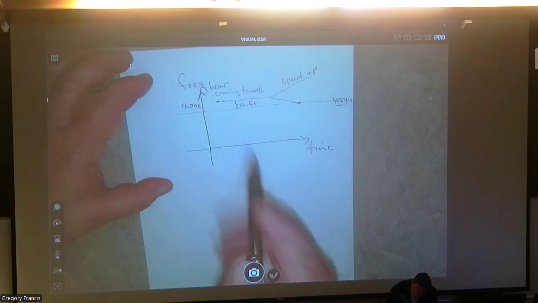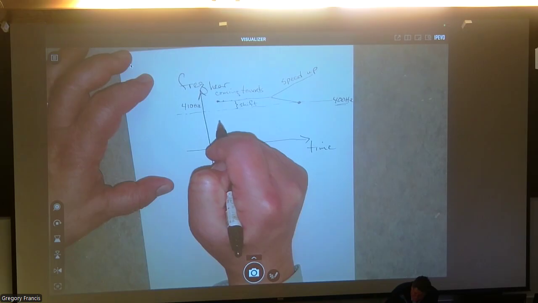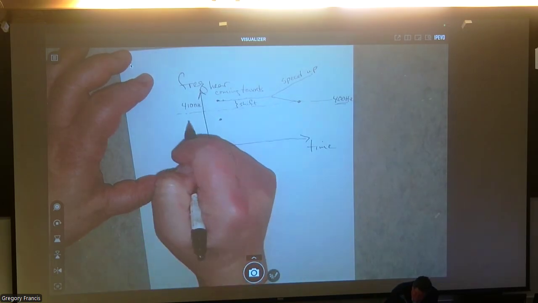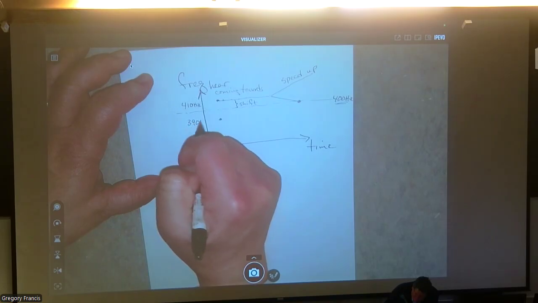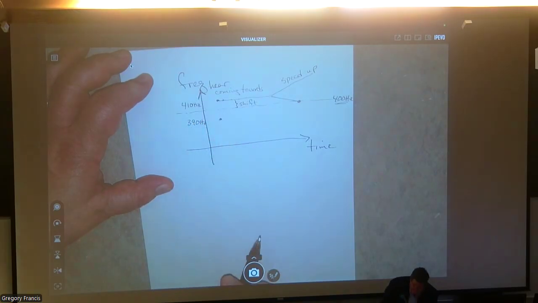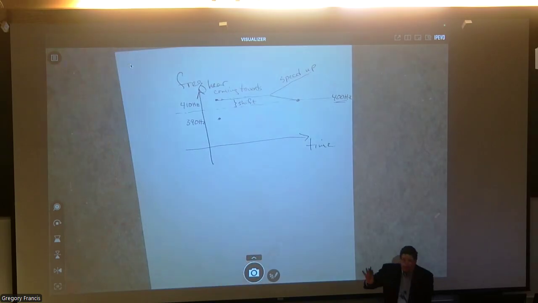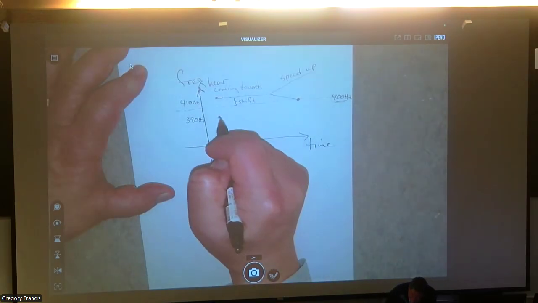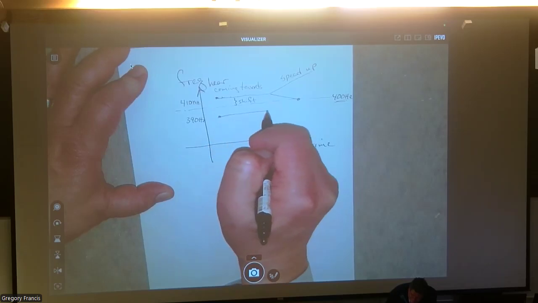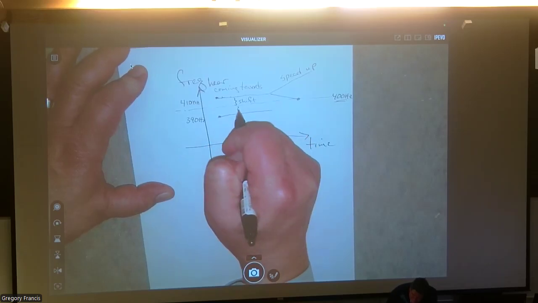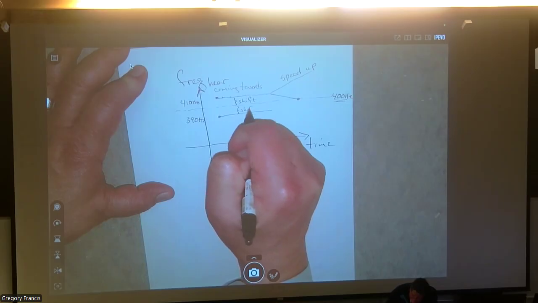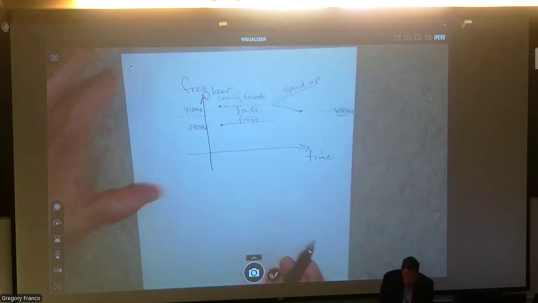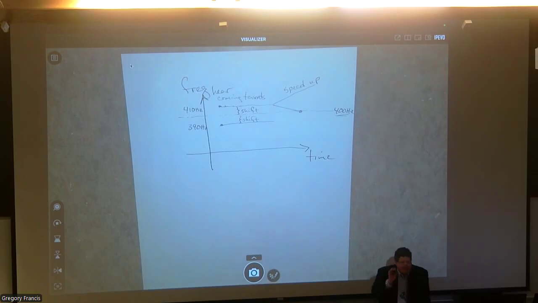Now, on the other hand, if that police car is driving away from you, you're going to hear it shift down, say like 190 hertz. And if the speed of the police car is constant, that shift will be constant. Now, again, the size of the shift depends on the speed.